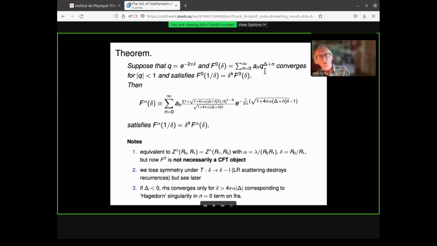So instead of having a Fourier decomposition in powers of q with an integer power spectrum, we get this kind of irrational powers here.